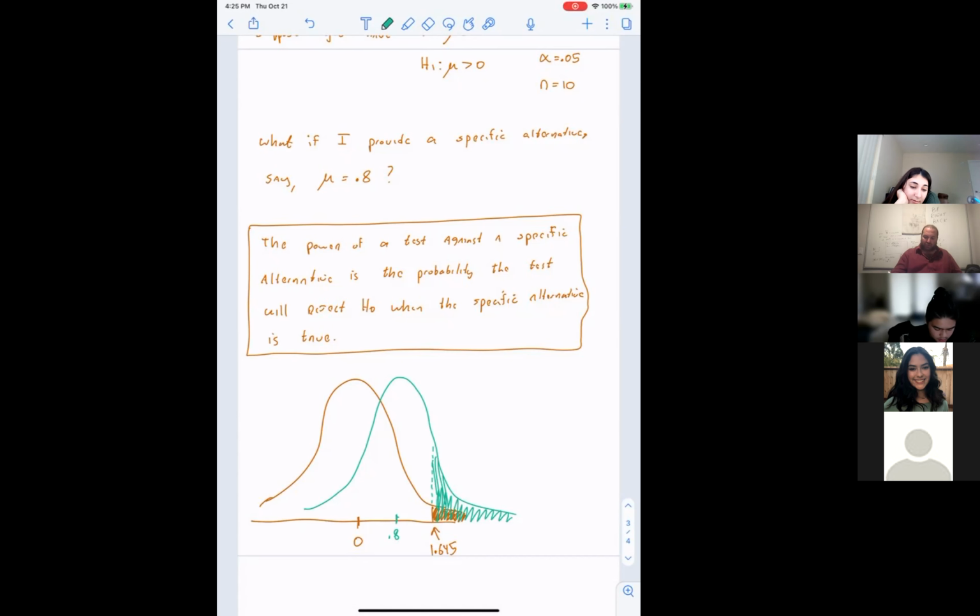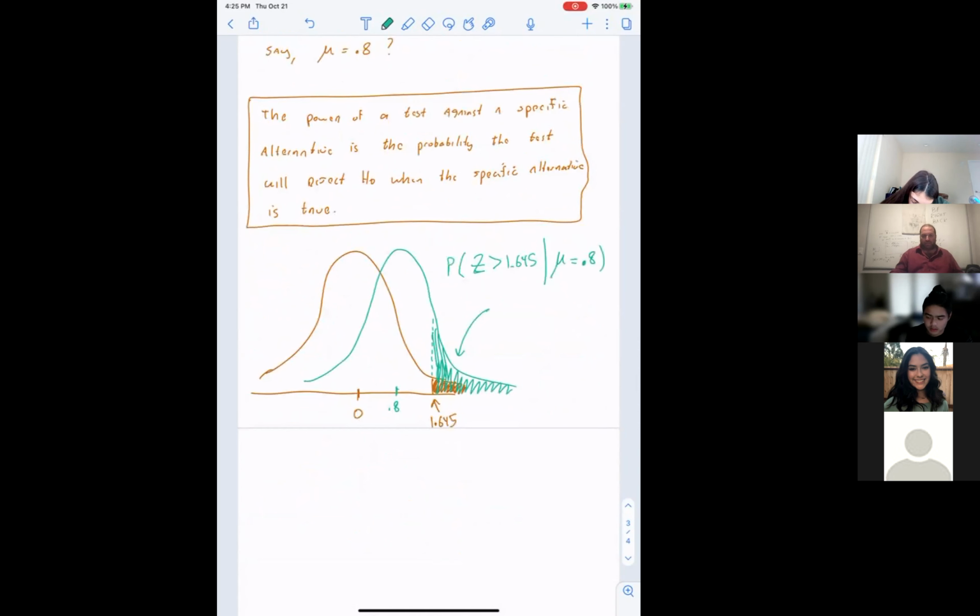So the power of the test is the probability that I get a value greater than 1.645 under the assumption that mu is really equal to 0.8.